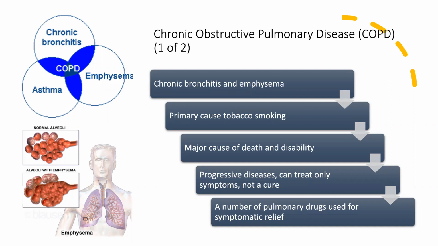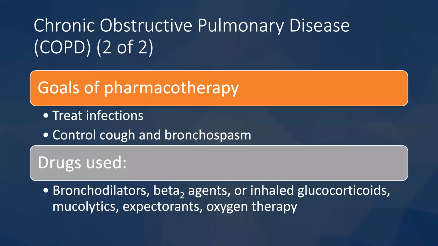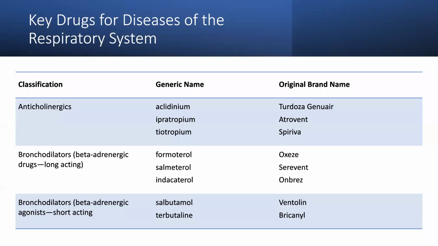It is a progressive disease, and we can treat only symptoms, not cure it, and a number of pulmonary drugs are used for symptomatic relief. The goals of pharmacotherapy are to treat infections and control the cough and bronchospasms, and the drugs used are bronchodilators, beta-2 agents, inhaled glucocorticoids, mucolytics, expectorants, and we use oxygen therapy as well.